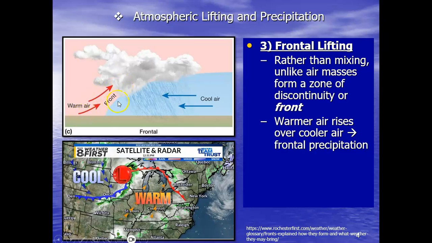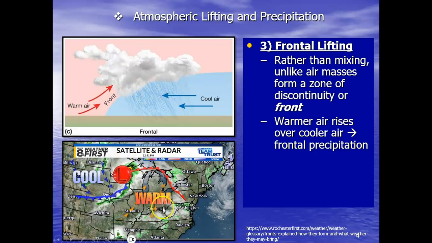So we're going to go into a lot more detail on this when we get into atmospheric disturbances. But for now, you'll just need to know the warmer air rises above that heavier, cooler air. What does it do as it rises? It cools. It may cool to the dew point temperature, and then it may form precipitation.